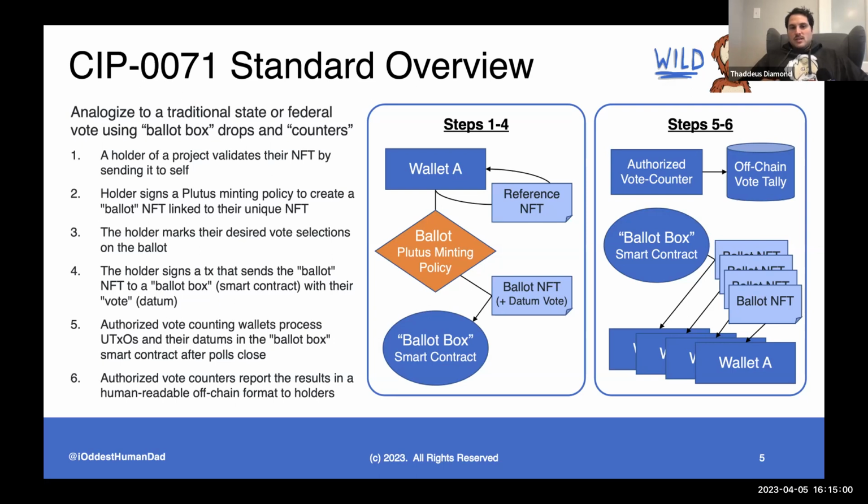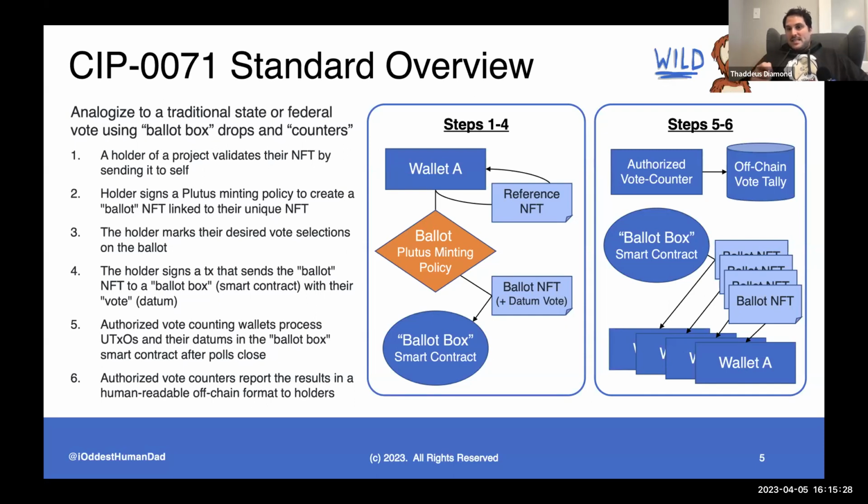Essentially, the creation of the ballot is that a holder will send the reference NFT to themselves and will create a new NFT with the Plutus minting policy. The Plutus minting policy is really important because in a single transaction, it both validates that the actual reference NFT was sent to itself and creates the new on-chain record of this vote.